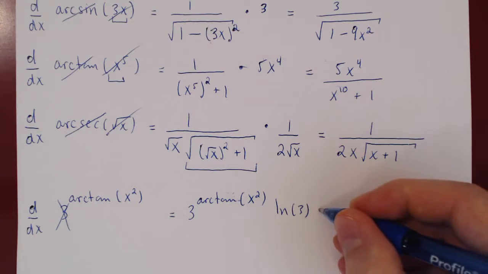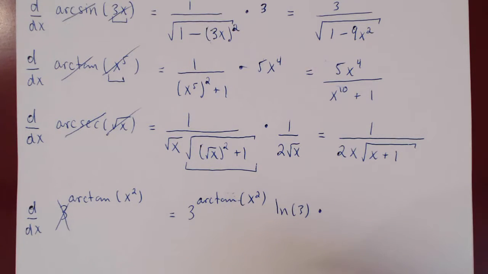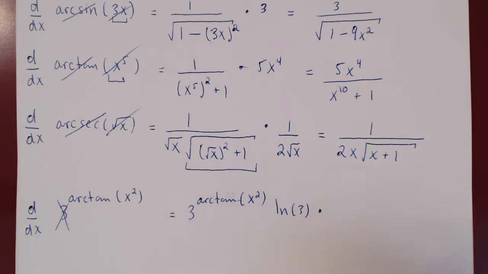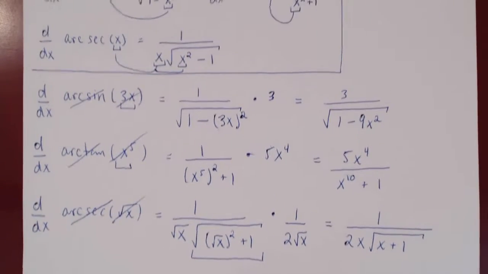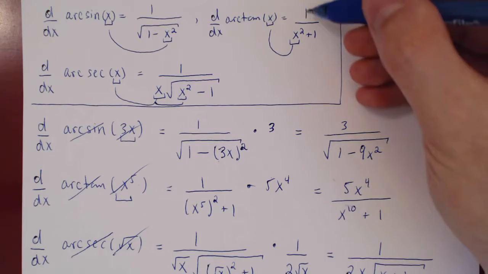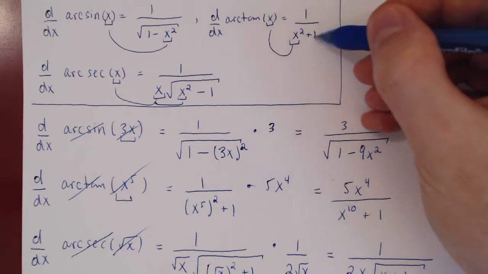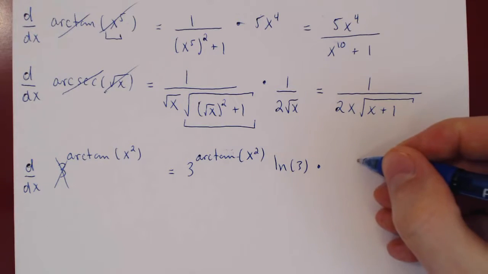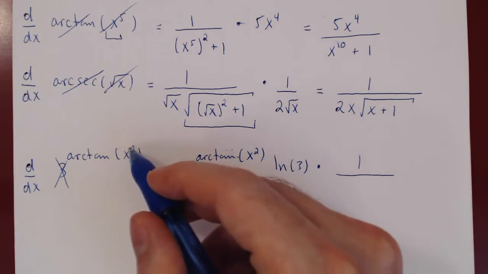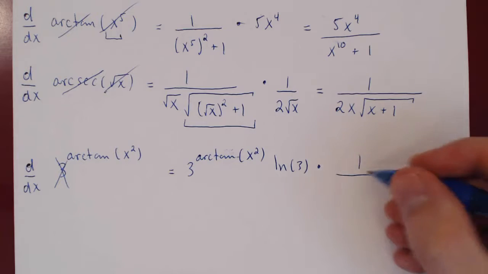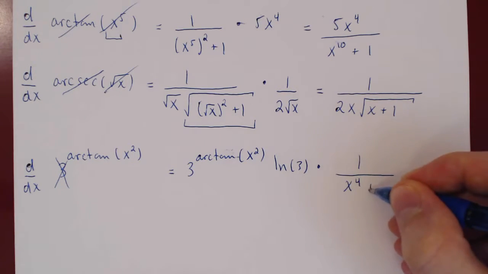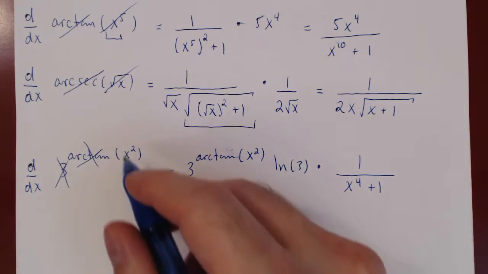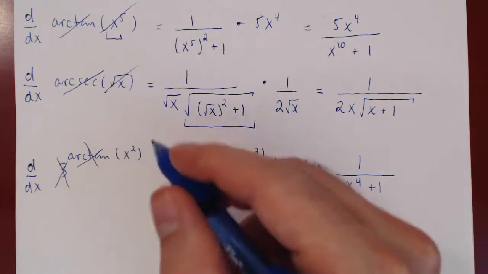We still have to multiply what we have so far by the derivative of what's left over, and that is arctan of x squared. Remember that the derivative of arctangent is 1 over the argument squared plus 1. So here we'll have times 1 over the argument squared, x squared squared is x to the 4, plus 1. That takes care of the arctangent.